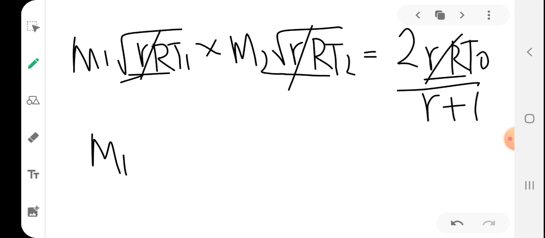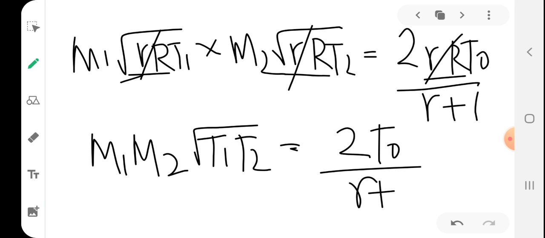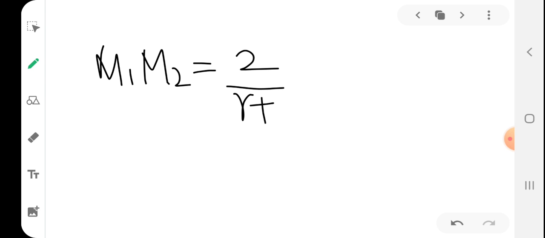What remains is M1 M2 root of T1 T2 is equal to 2 T0 by gamma plus 1. Now you will get M1 M2 equal to 2 by gamma plus 1 into T0 by root T1 T2.